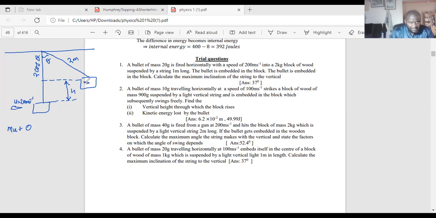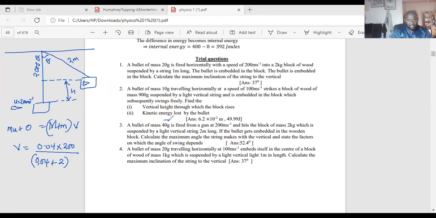Now the bullet has been embedded, and this is equal to their momentum immediately after they have collided. You can find the velocity after collision from the mass of the bullet, which is 0.04 times 200, divided by the mass of the bullet, 0.04, added to the mass of the block. The block was given as 2 kgs.